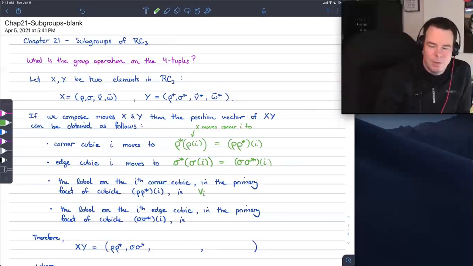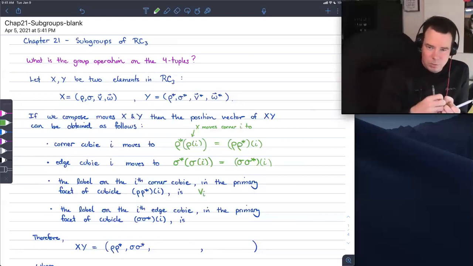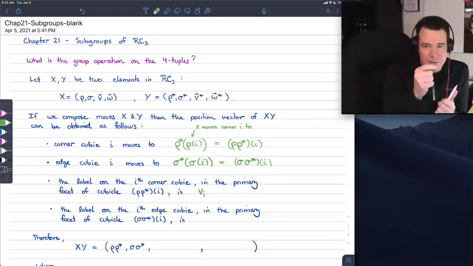So how do I figure out what the orientation number is? Well, let's think for a moment. If the cube has moved from the solved state to the intermediate location, so that first step after X, it's now in its new location, and it's got a 0 in the primary facet, then that means it's properly oriented.